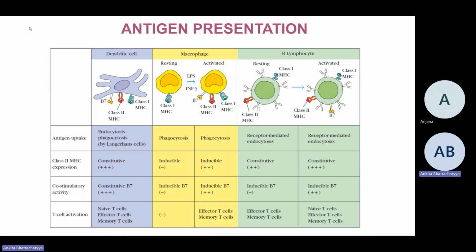Third, B lymphocytes in their resting and activated state are being compared. You can see that both these subtypes of B cells are able to take up their antigen by receptor-mediated endocytosis, which means the receptor is allowing the process of endocytosis to be executed.